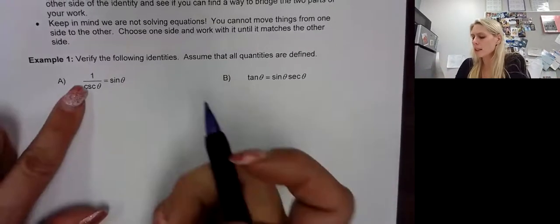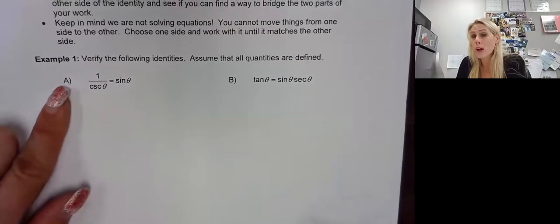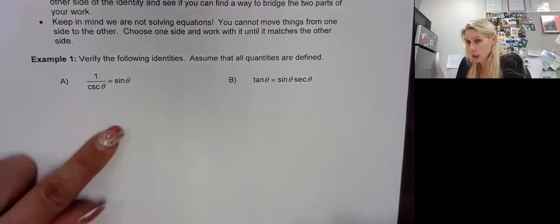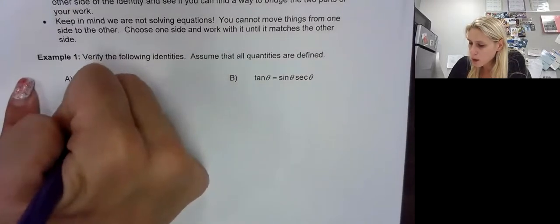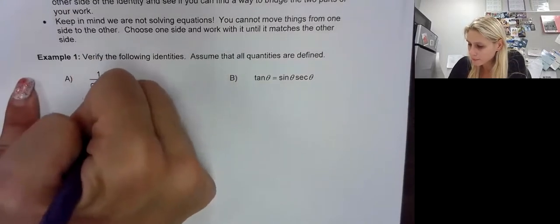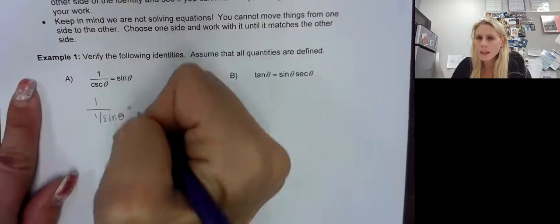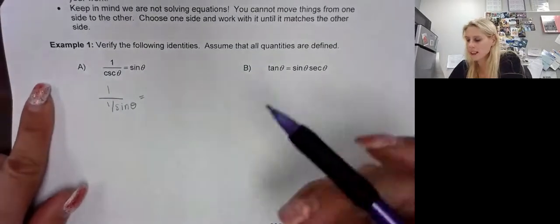So the first thing I'm going to do is look at this and say, hey, I think the left side looks a little bit more complicated. So I'm going to rework the left side to make it look like the right. I know that cosecant is 1 over sine. Now, I'm not going to write down the side that I'm not manipulating, and I'll just check it at the end.